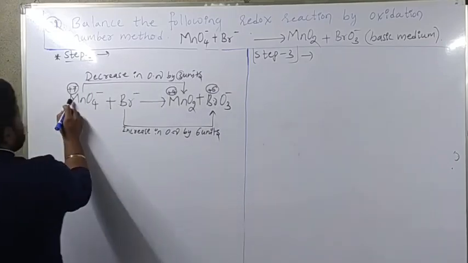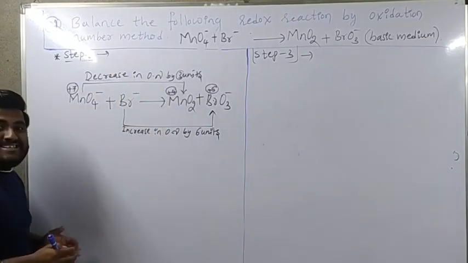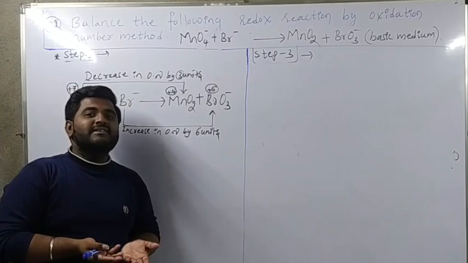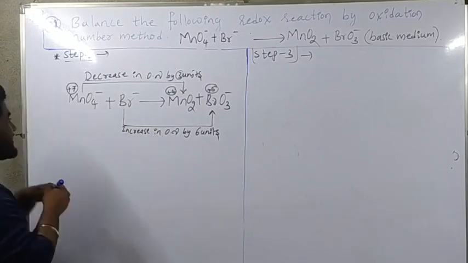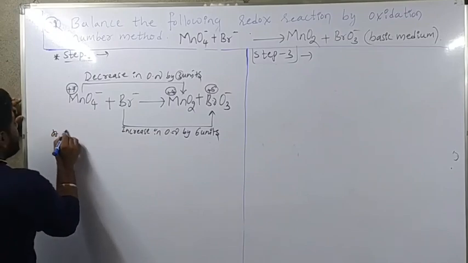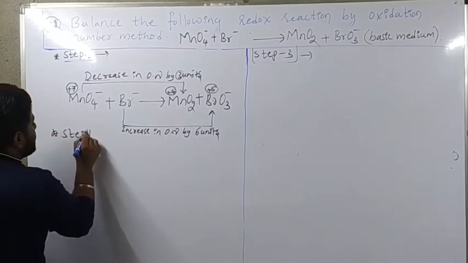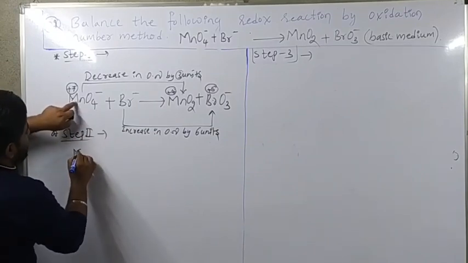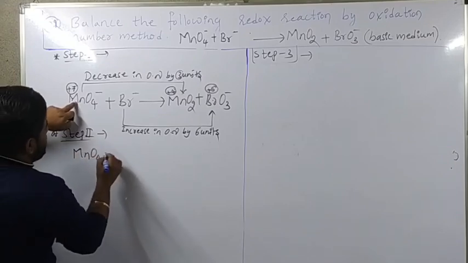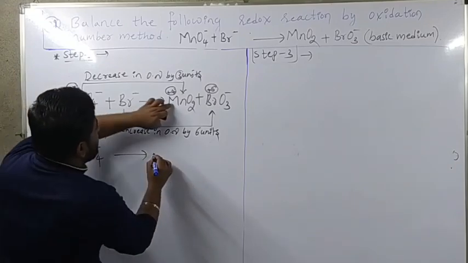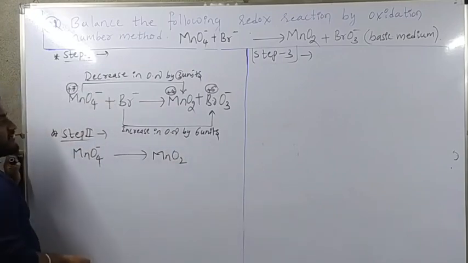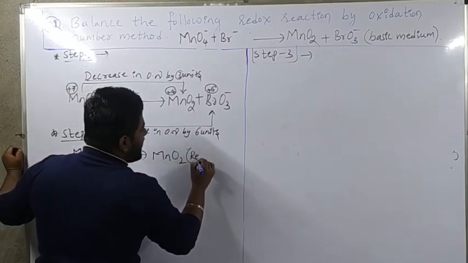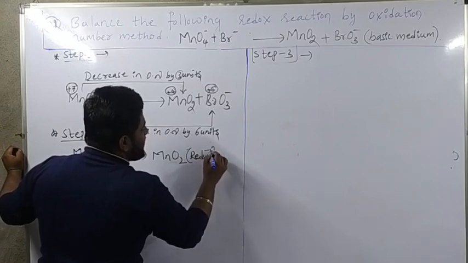Now tell me, Mn plus 7 to plus 4, the oxidation number decreases, hence it is undergoing reduction. Yes, that you have to write in step 2. So you have to write MnO4 minus gives rise to what? MnO2. Decrease in oxidation number, hence it is called reduction, guys.